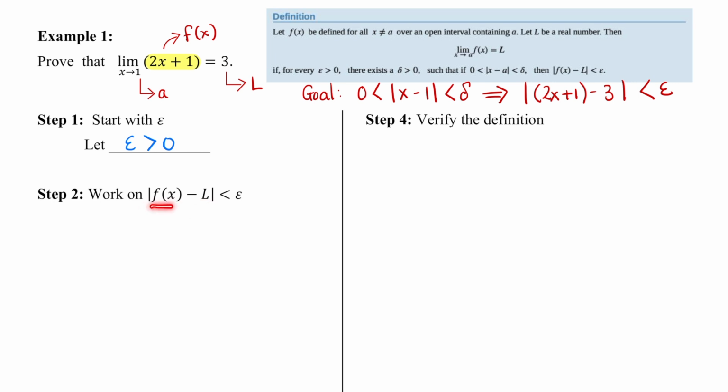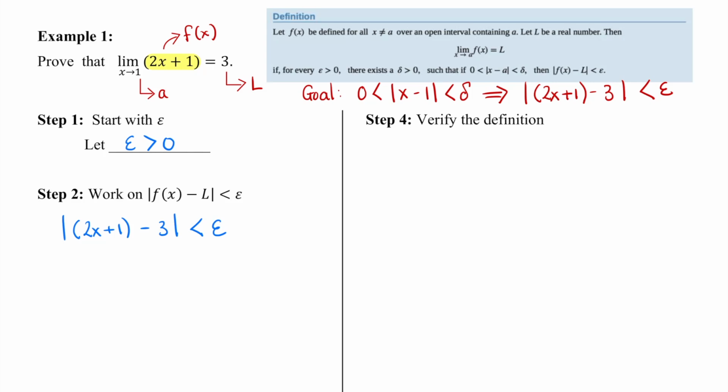f of x is 2x plus 1, and L is 3. So I am going to replace f of x with 2x plus 1 and replace L with 3. And I want the difference between the function and L less than epsilon.